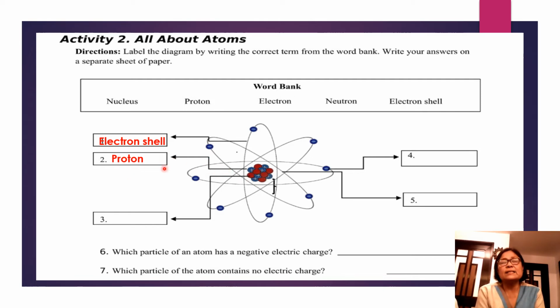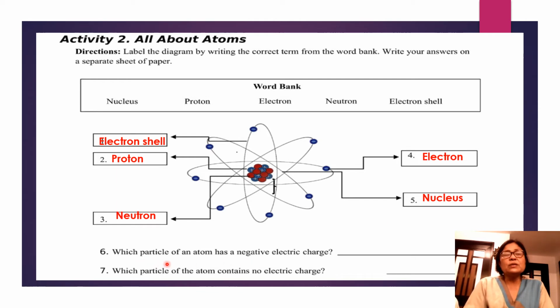This is proton. Very good. In number 3, it is neutron. In number 4, this is electron. And number 5, the last one, is nucleus.